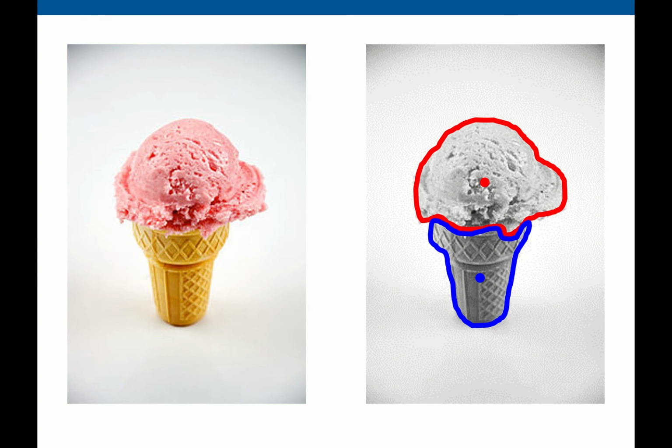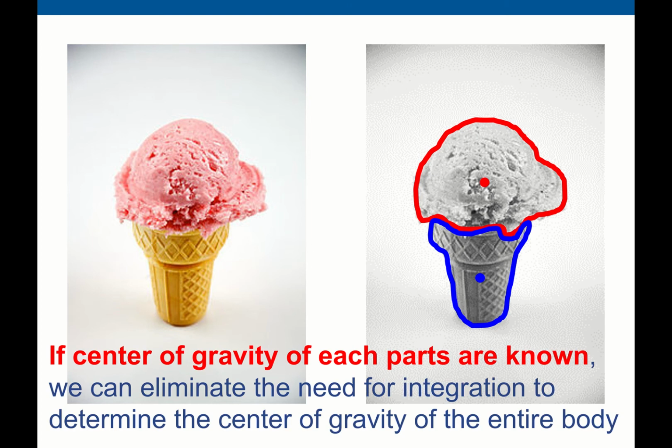If we know the center of gravity for the ice cream and the center of gravity for the cone part, then we can determine the real center of gravity of this whole object, the ice cream cone. If we already know the center of gravity of each part, each composite body, then it's very easy to find the centroid of the whole part.